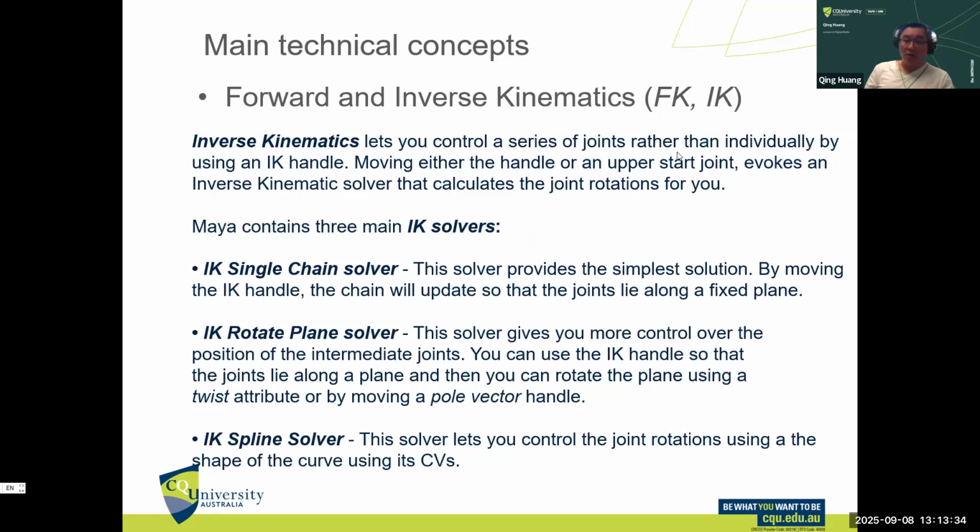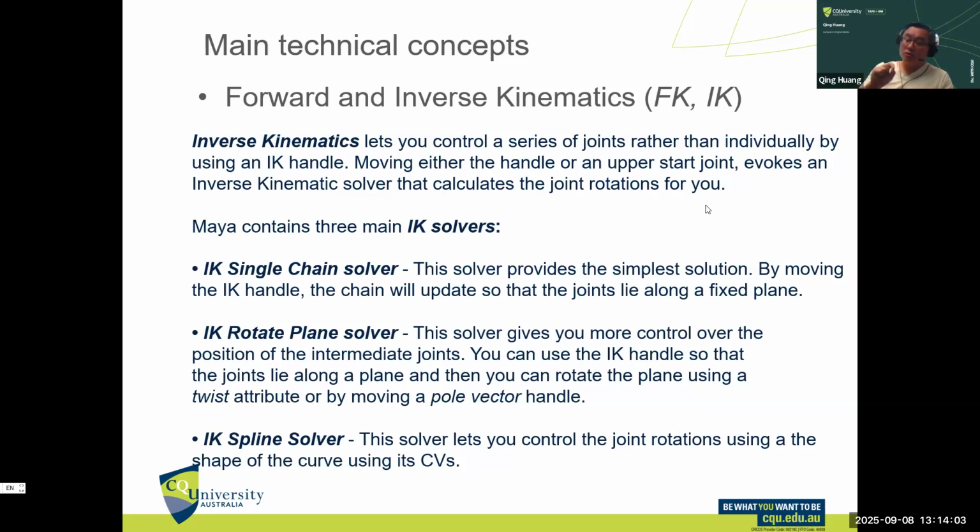So that's why later they developed new techniques. They called it inverse kinematics. Inverse kinematics lets you control a series of joints rather than individually by using the IK handle, moving either the handle or an upper start point. It invokes an inverse kinematic solver that calculates the joint rotation for you. So it automates the process.